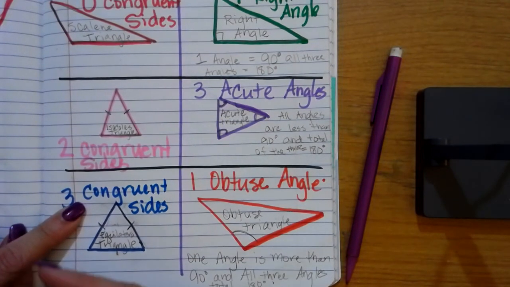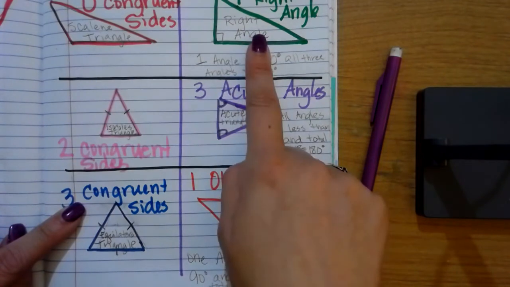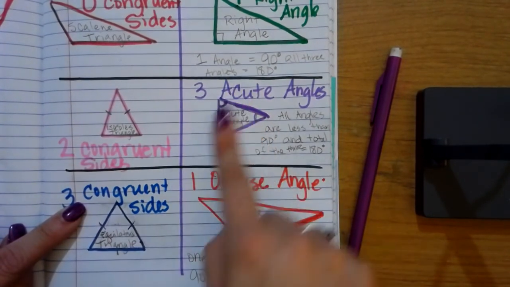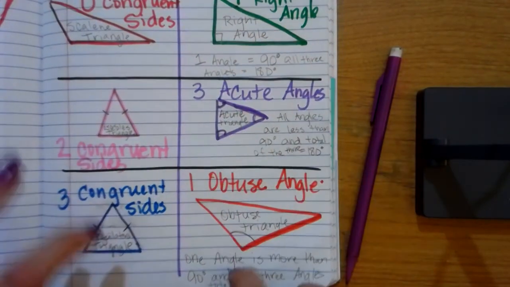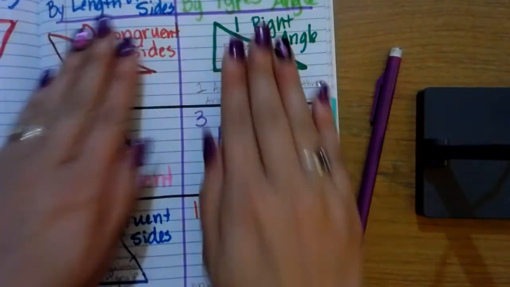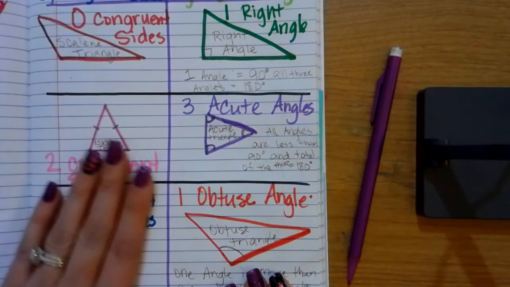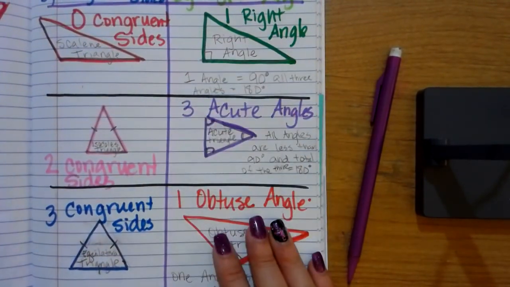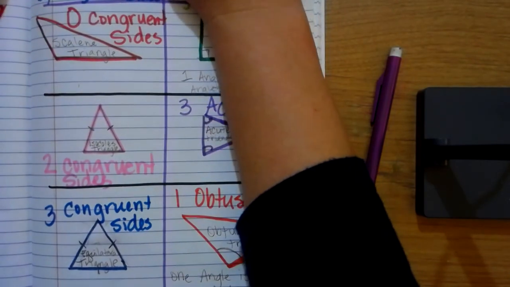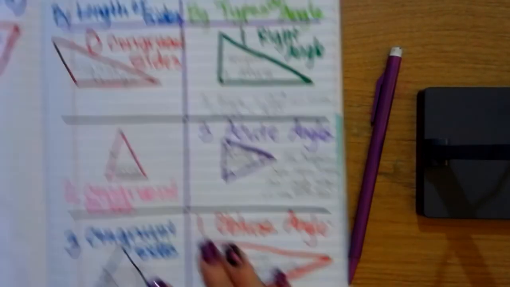Okay, equilateral right, equilateral acute, equilateral obtuse. You fit into one of these, or you fit into 2 of these. You are named by your side and you are named by your angles. All right. So after you get that in your math log, that should take you to the next station.